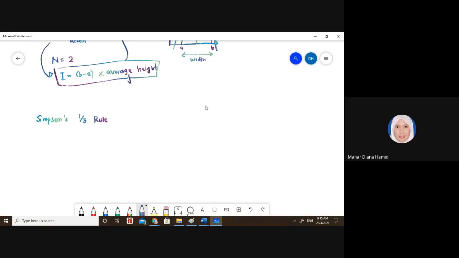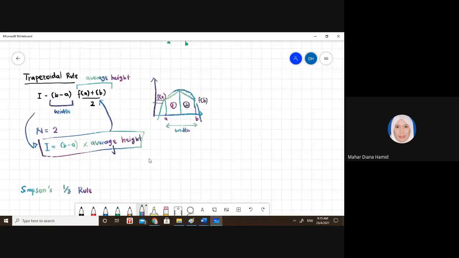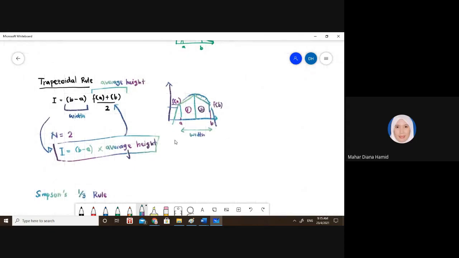Simpson's one-third rule is actually a higher polynomial to connect the points. If you refer back to the trapezoidal rule, this is actually a straight line, a first order polynomial, because we assume that it's first order.